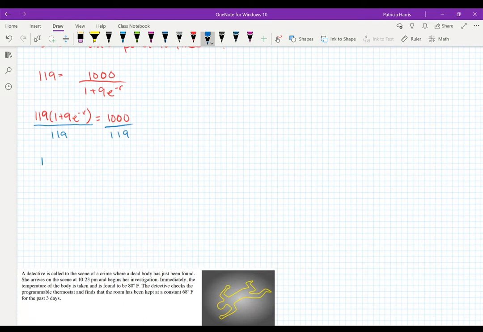You're going to want a calculator. So 1,000 divided by 119, you get 8.403 36.